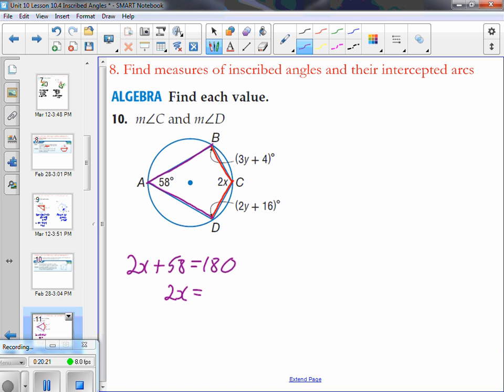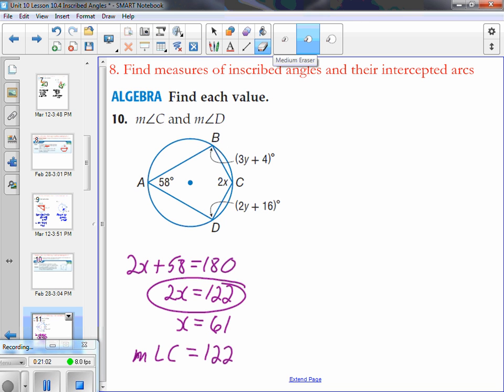All right, so what's 180 minus 58? Is it 122? And then what's half of 122? All right, now, that's not the answer, though, is it? The measure of angle C. Oh, you know what? I should have stopped right there, shouldn't I? Because the measure of angle C is 2x. I've already got it. Measure of angle C is 2x, so it's 122. I didn't even have to actually know what x equaled.